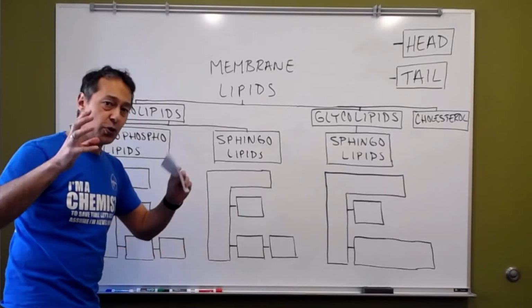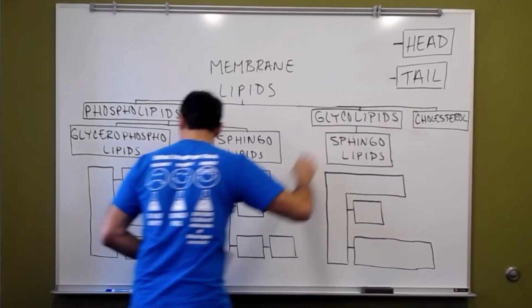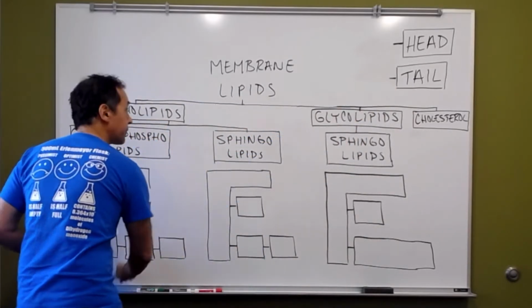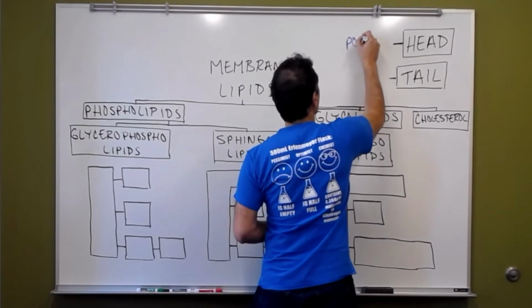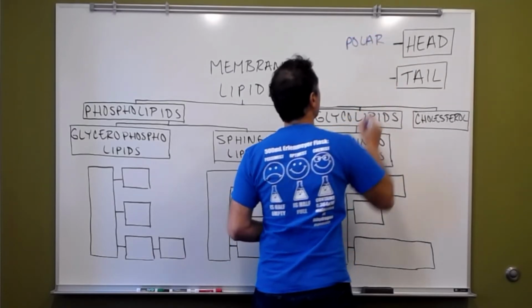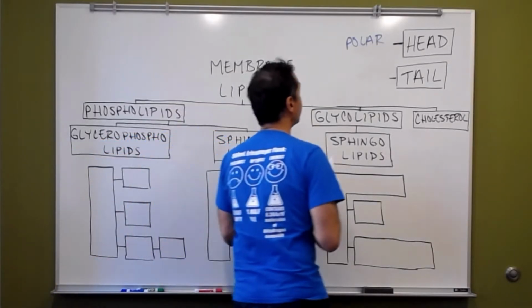But now the phospholipids and glycolipids, if we just focus on those for right now, these membrane lipids have two basic parts to them. They have a head and a tail. The heads on these are polar, and then the tails are nonpolar.